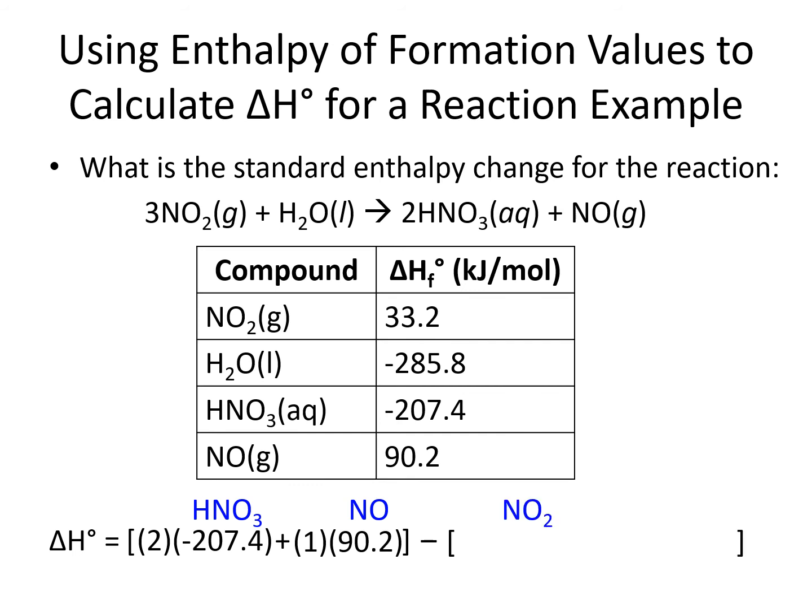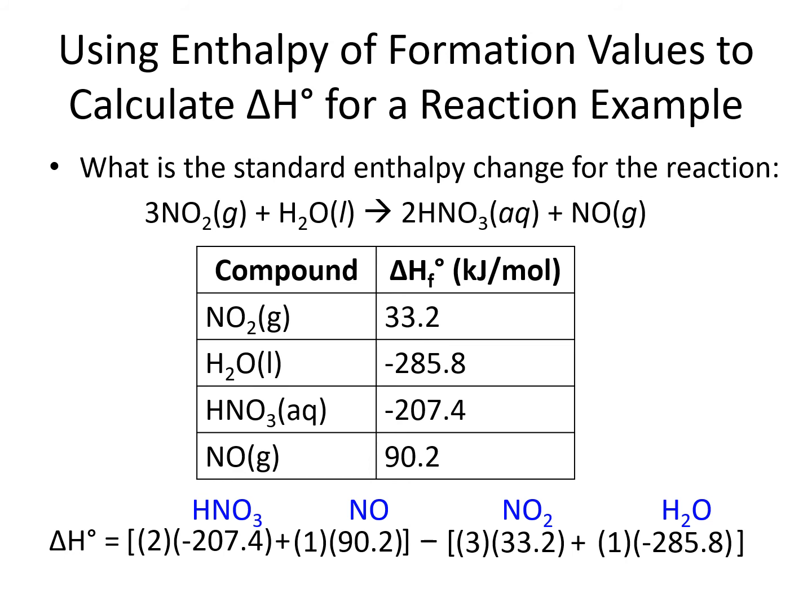So the NO2 is our first thing on our left side. It has a coefficient of 3 in the balanced chemical equation and 33.2 as its delta HF value. So we would multiply those together. And then the last thing is the water. It has a coefficient of 1 in the equation and a delta HF value of negative 285.8.